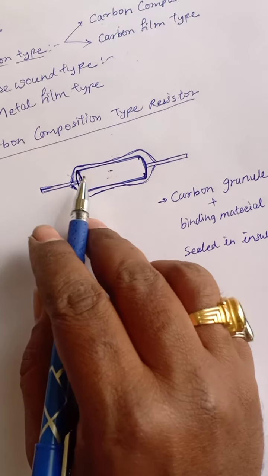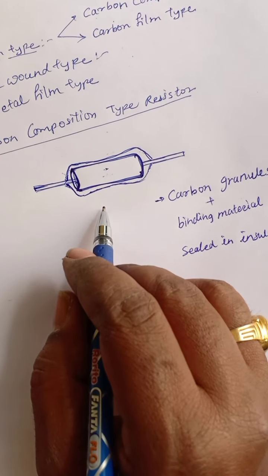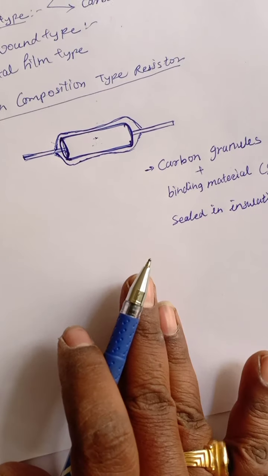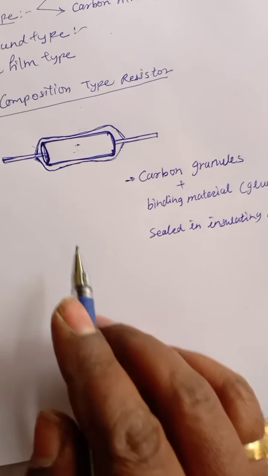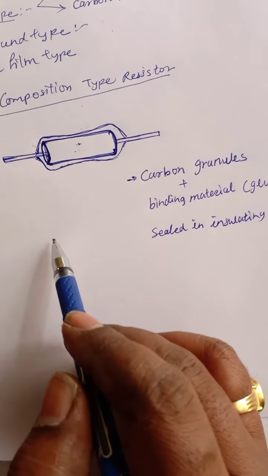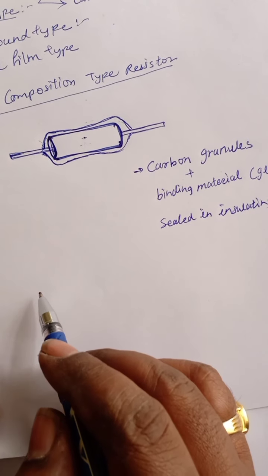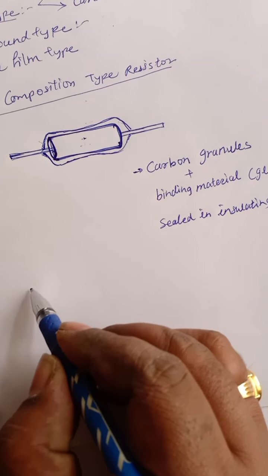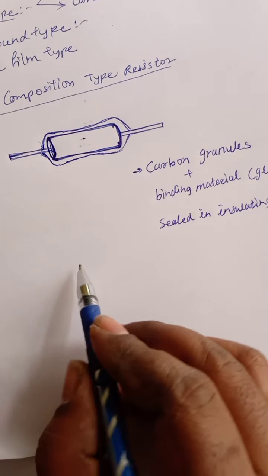So it forms a carbon composition type resistor. It is very simple. This type of resistor is commonly used in the labs. In our lab we are using such type of resistor.